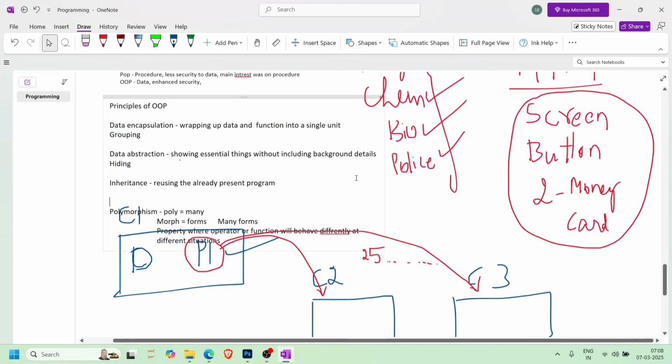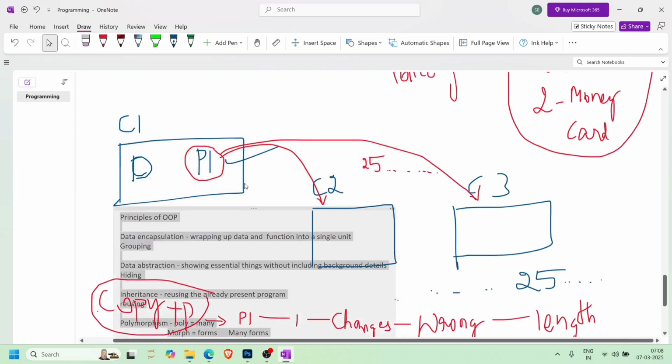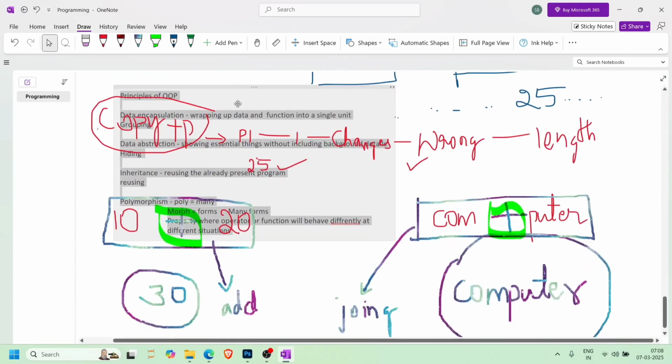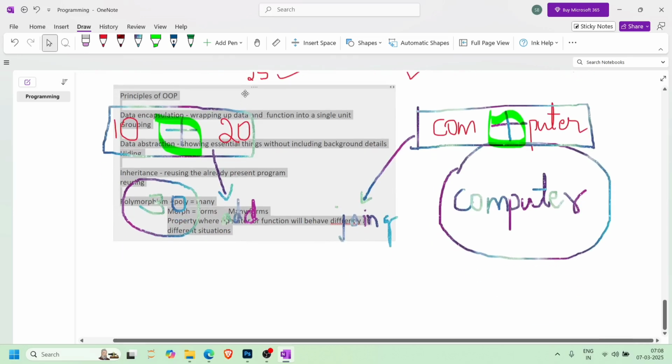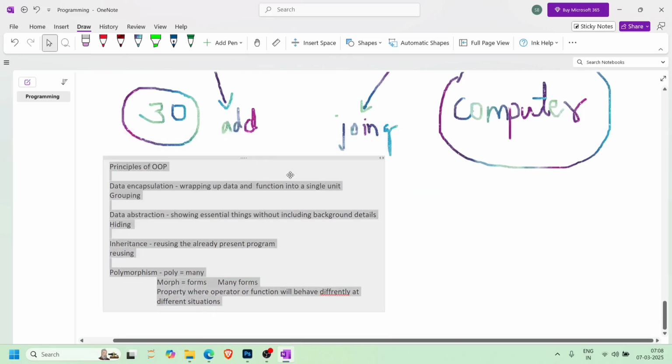Inheritance we can remember as reusing. Already present code is reused by one or the other programs, that is called inheritance.